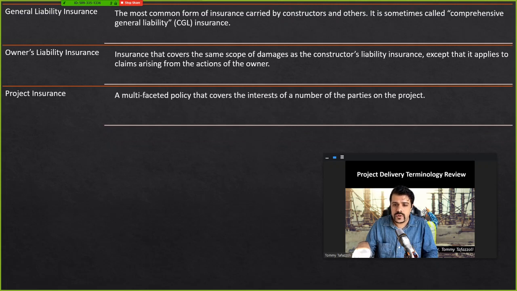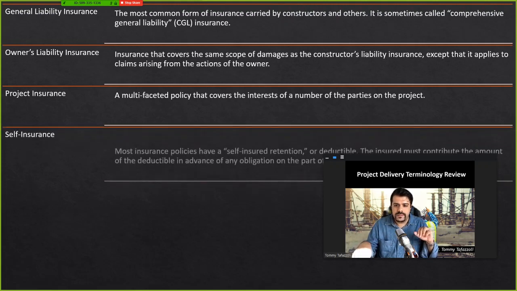Project insurance is a multifaceted policy that covers the interests of the many parties that are working on the project. Okay, so it actually insures the project, not specific parties. Okay, self-insurance.